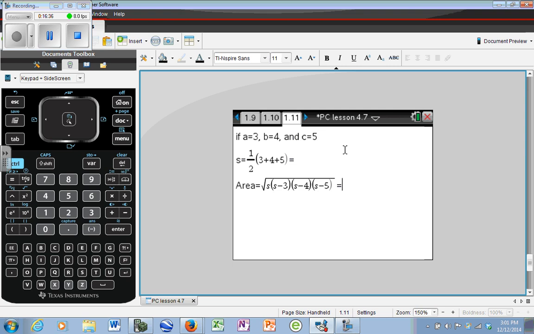So here's an example. If you got an ABC triangle, and I used a Pythagorean triplet here to make this easy, a 3, 4, 5 triangle. You solve for S first. So you look at that and you're like, three sides are 3, 4, and 5. That adds up to 12. 12 times 1/2 is 6. So we just go in here and we're going to change those S's to 6.